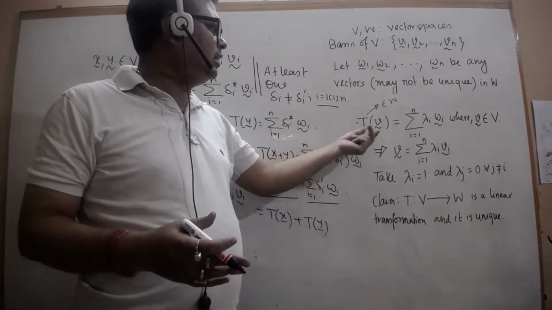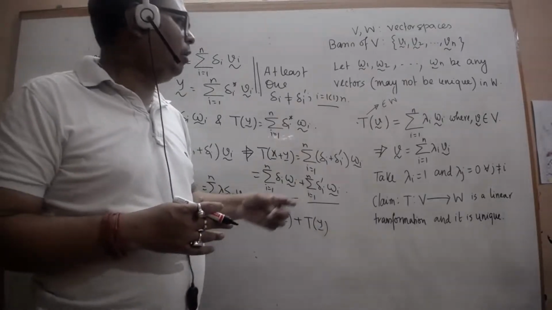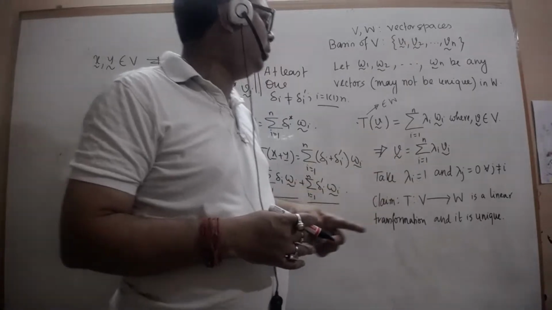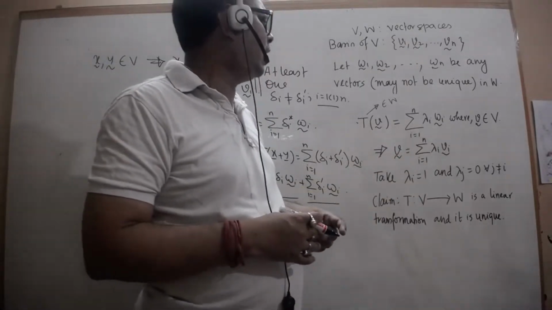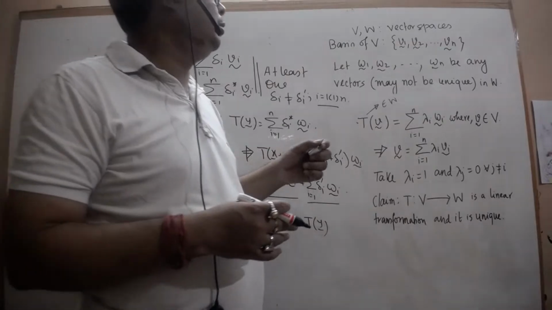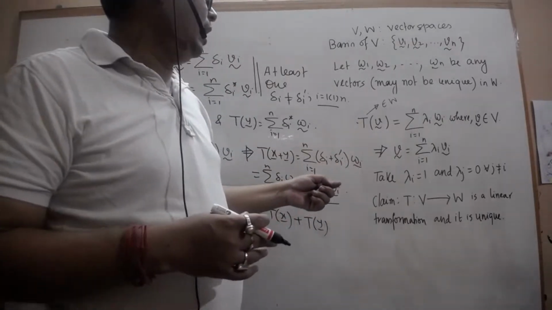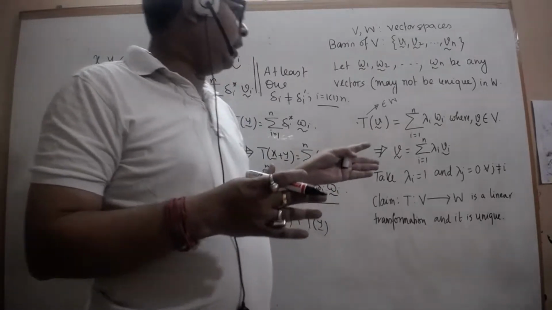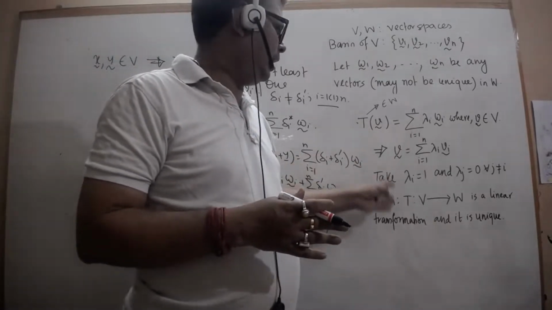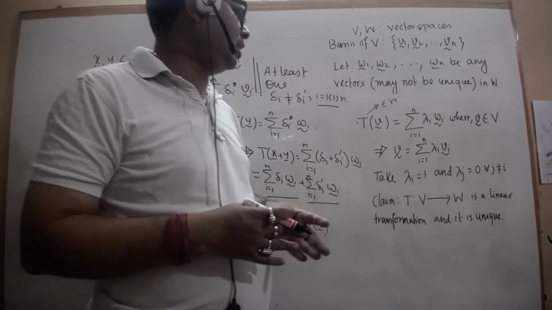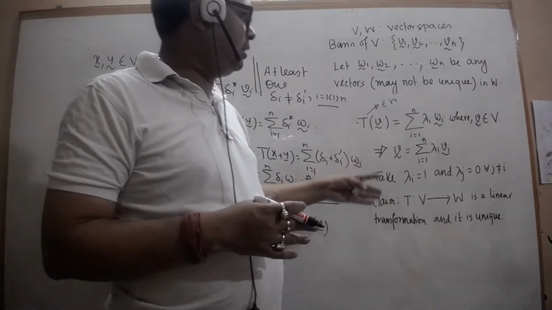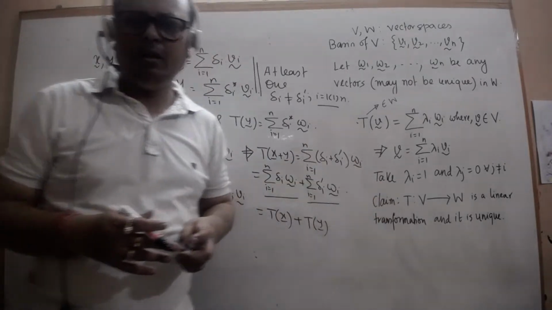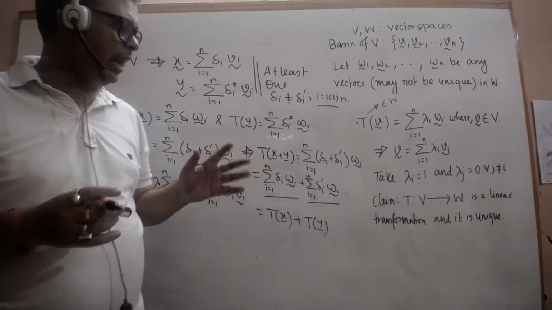If you define T as follows, this implies v curl equal to the sum over i from 1 to n of lambda_i v_i curl, where v1, v2, ..., vn is the basis of V, and if lambda_i is 1 and the other portion is 0, in that case my claim is T is a linear transformation, and if it is a linear transformation, then it is unique. This is my claim.